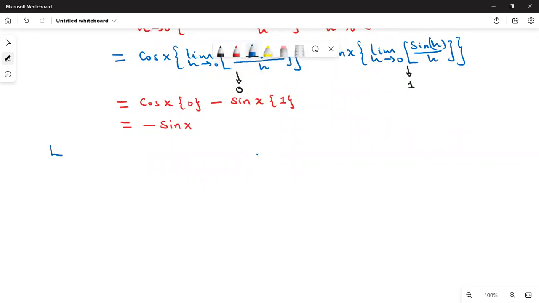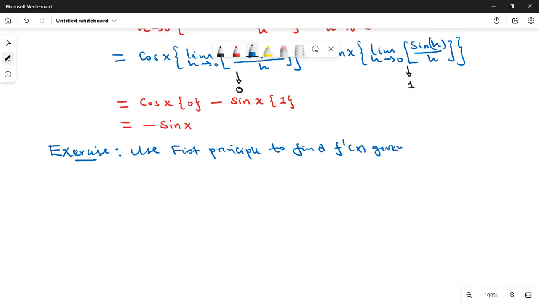So you can write exercise, use first principle to find f prime of x.